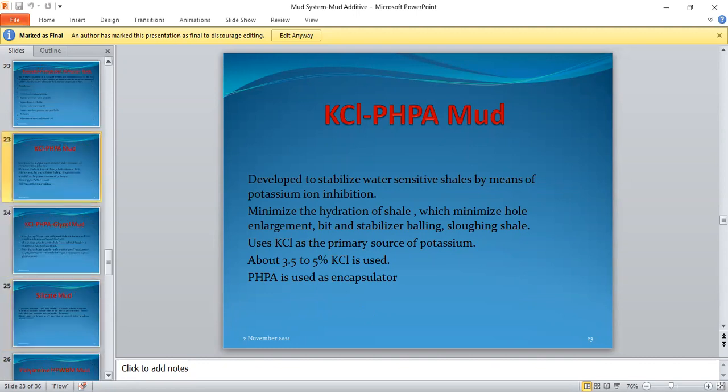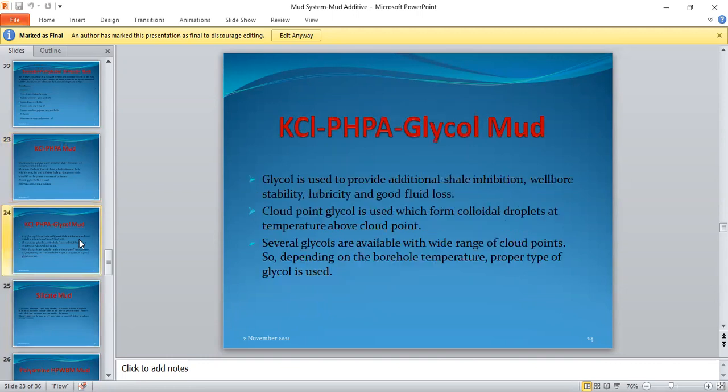So if your mud is 9 ppg, out of the weight, your barite, 3.5% will be KCl. So in your formulation, you will calculate all this stuff. When your mud program comes, your mud program will give you the yardstick to do all the calculation.